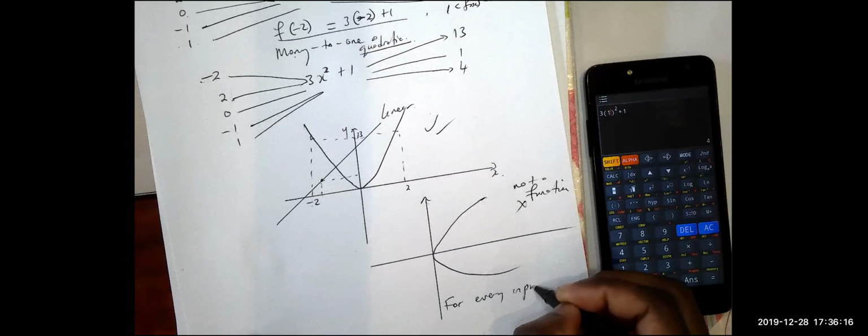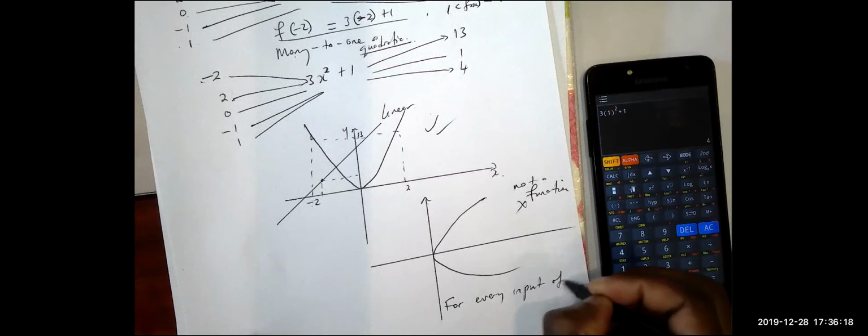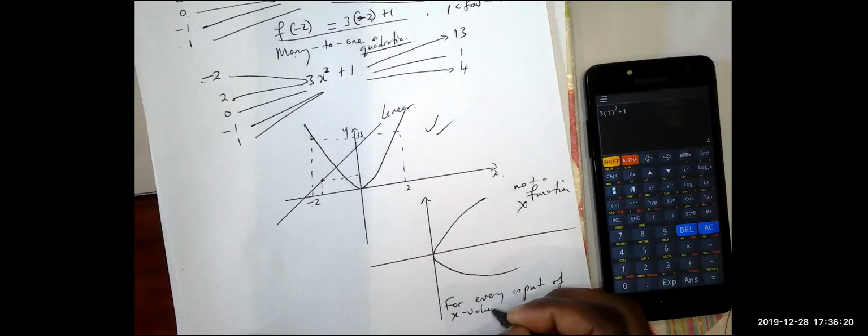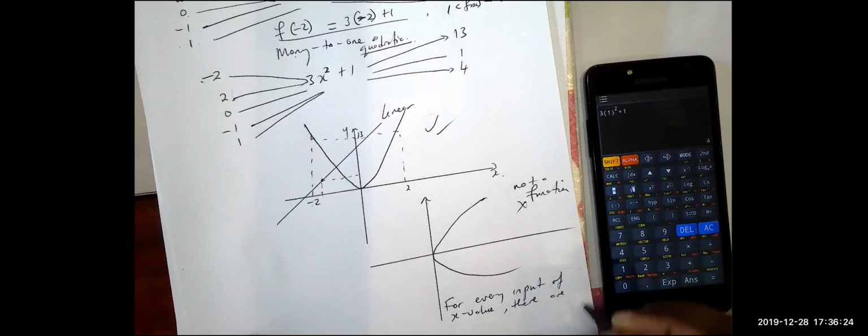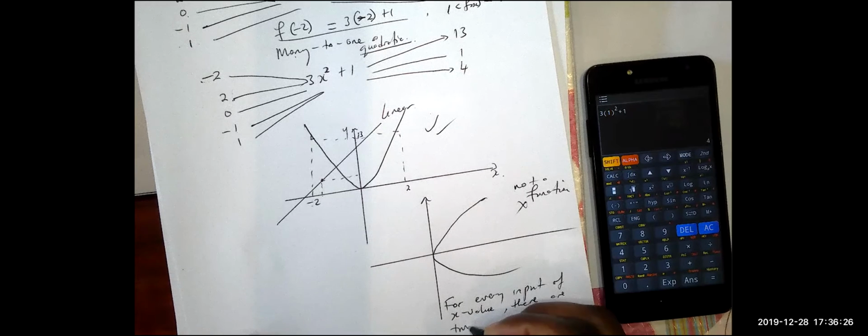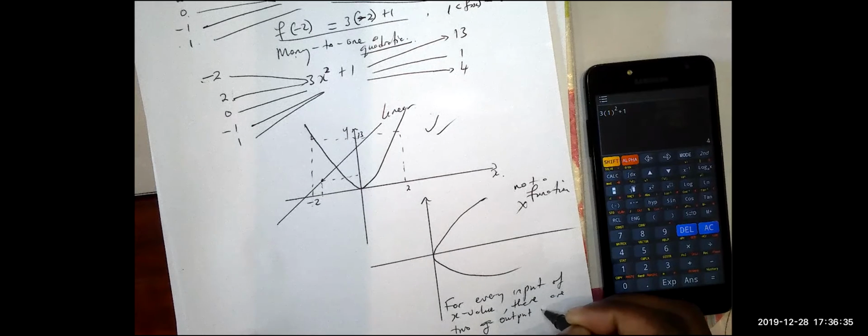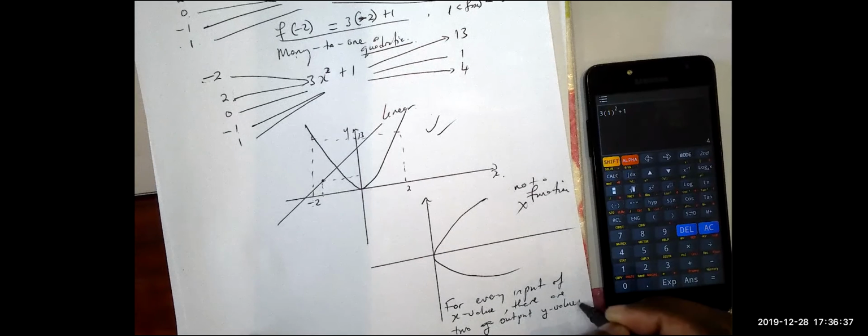input of x value, there are two output y values. That's what you just need to remember.